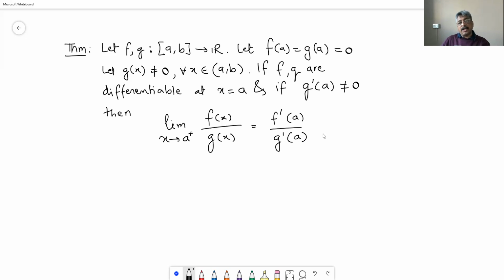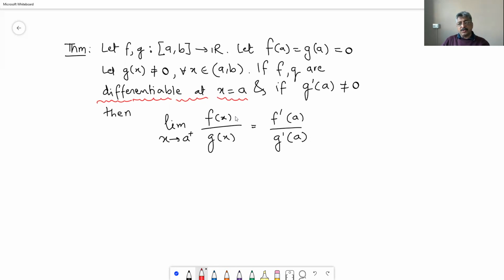This is the technical statement of the theorem, where the condition is f and g are differentiable at x is equal to a. So this is a restriction. This is something which, if we can eliminate, it will be good.